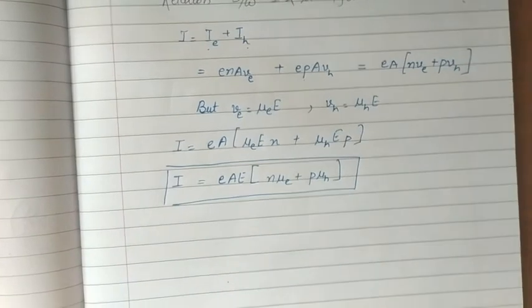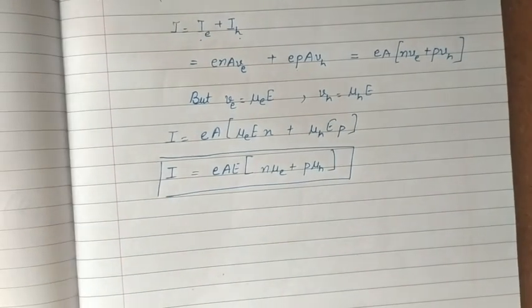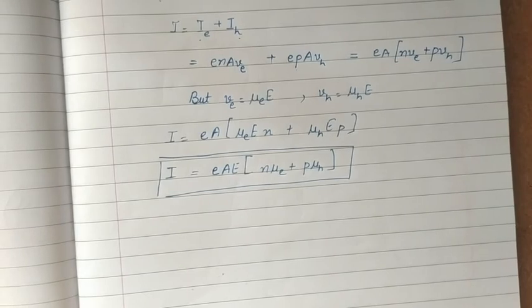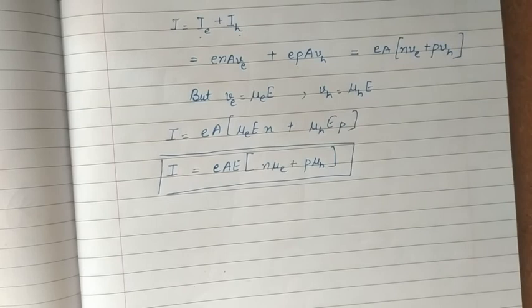This is the required relation between current and mobility of electrons and holes for a semiconductor, or we can say mobility for charge carriers. Now we can also find the conductivity of a semiconductor from this relation.